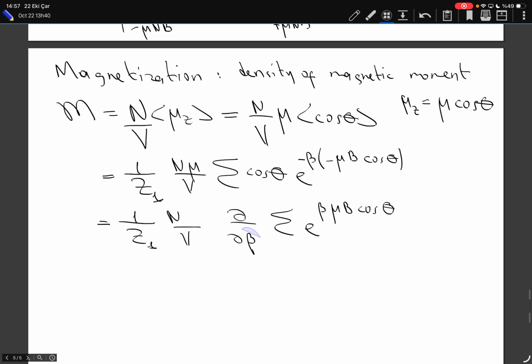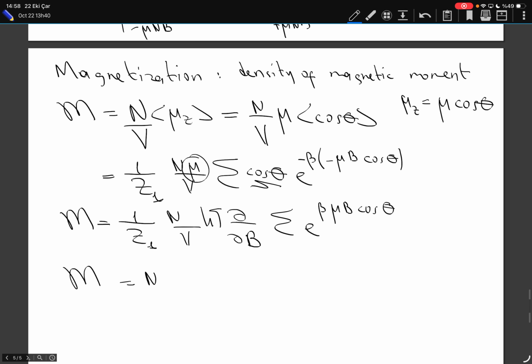Or let me write the derivative with respect to B. The same thing. Magnetization is usually identified with the derivative with respect to B. If I take the derivative with respect to B, I would get a beta mu cosine theta. I have a mu, cosine theta is already here, mu is here, so I should multiply by kT. This is the magnetization.